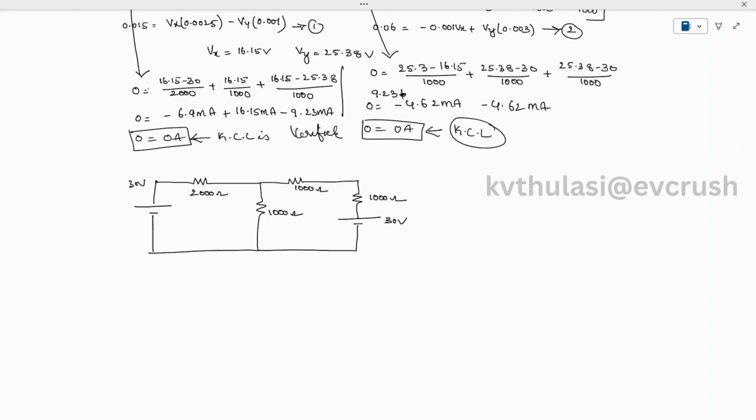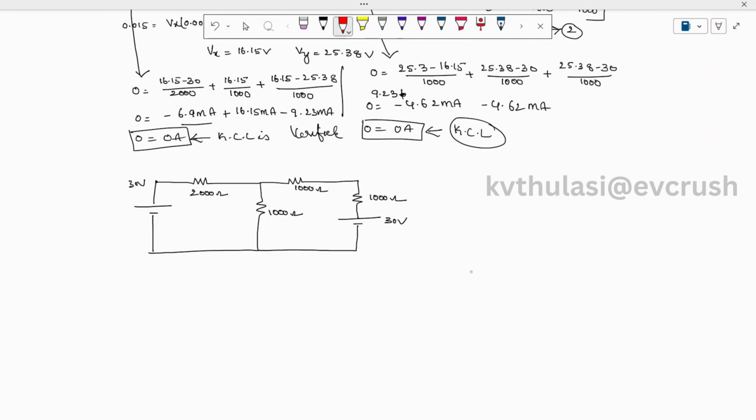Now we want to find the currents. Okay, so you can see the current which flows in this direction is minus 6.9 milliamperes, and we have to find the voltage here. Okay, so the current which flows in this direction is 16.15 milliampere. The current which flows in this direction is 9.23 milliampere. The current which flows in the same direction is also the same.